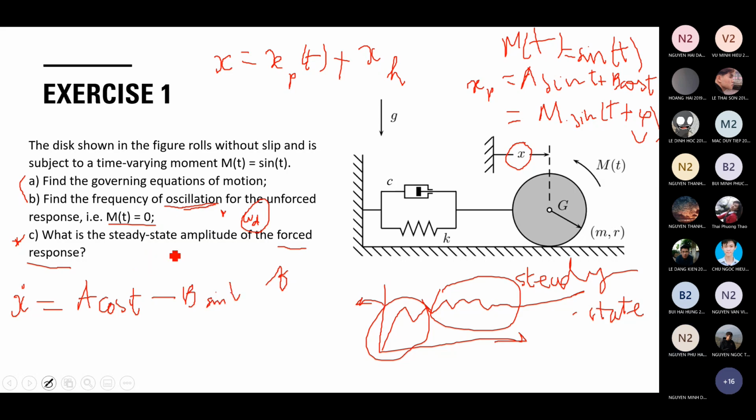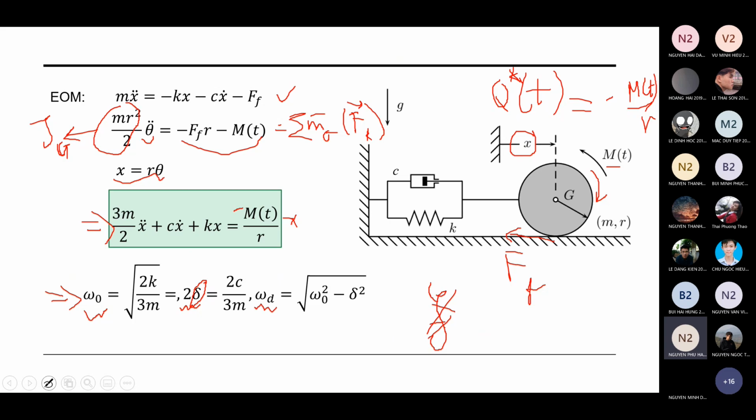And x double dot is minus a multiplied by sine t and minus b multiplied by cosine t. Okay. And then we will apply this to the equation of motion.